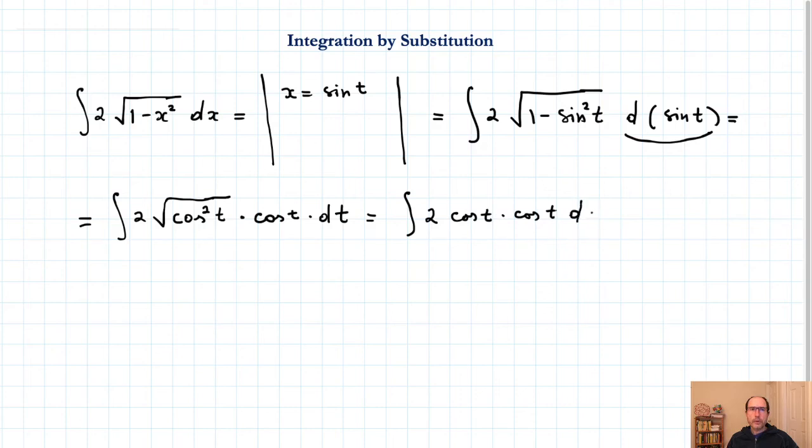And so our integral turns into the integral of 2 cosine t times cosine t dt. In other words, the integral of 2 times cosine squared t dt.